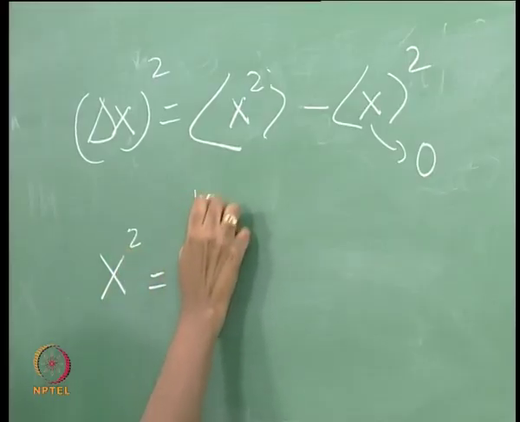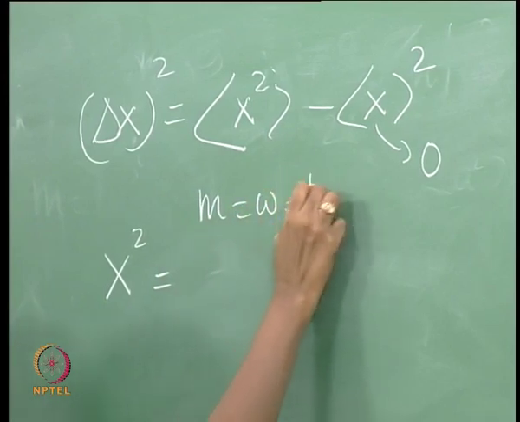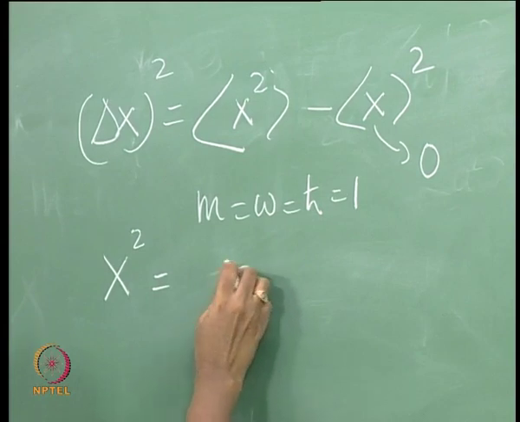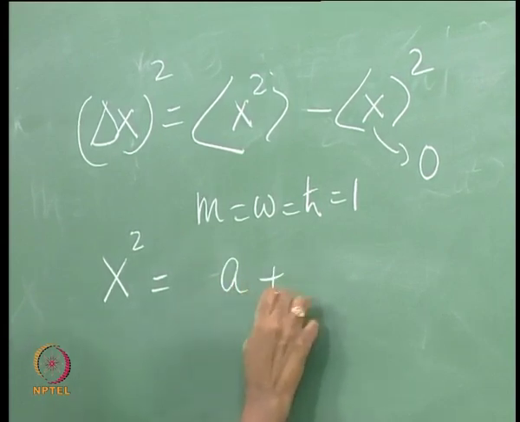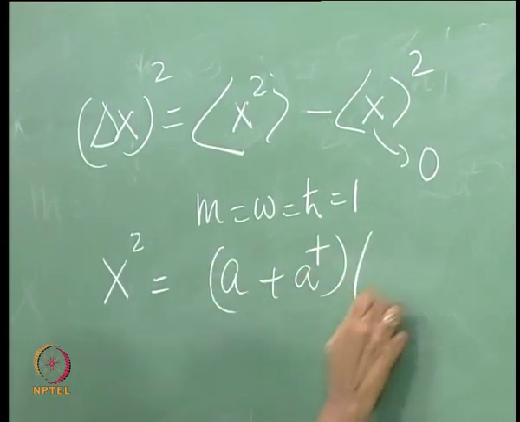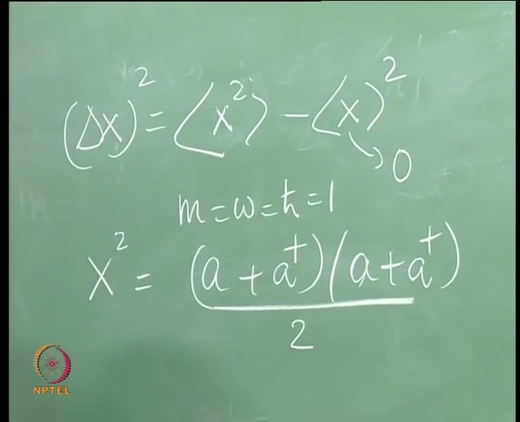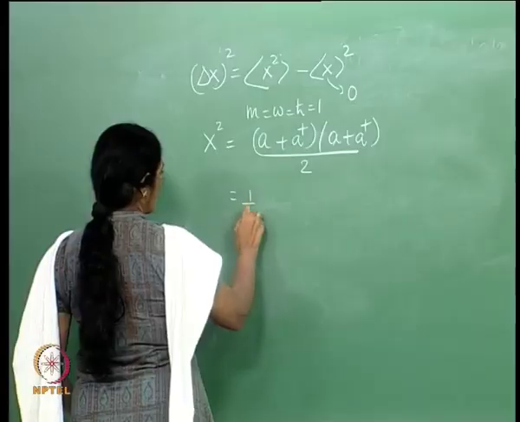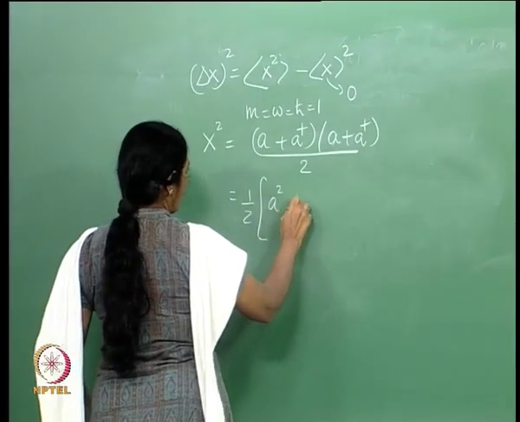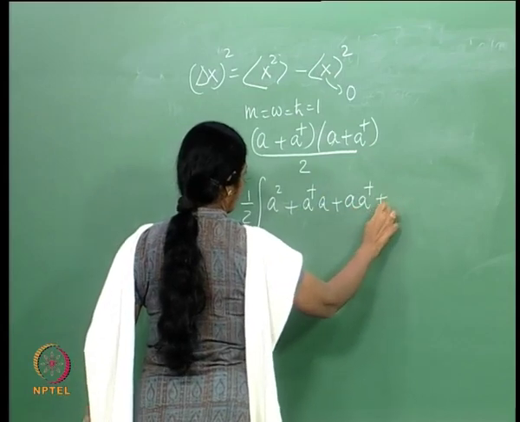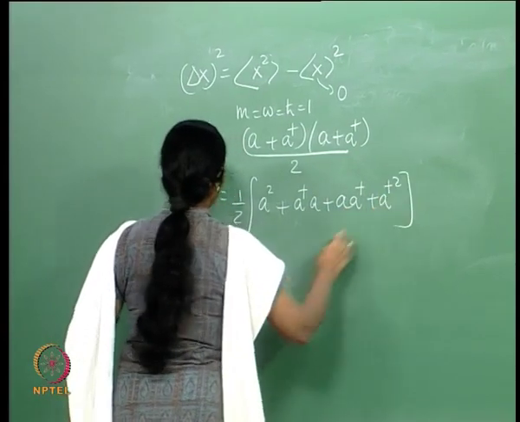X squared in units where m, omega and h cross are 1 is simply a plus a dagger the whole squared by 2, which is a half a squared plus a a dagger plus a dagger a plus a dagger squared.